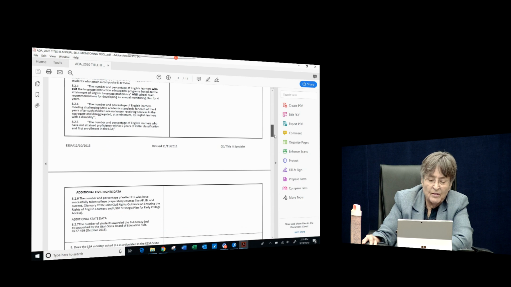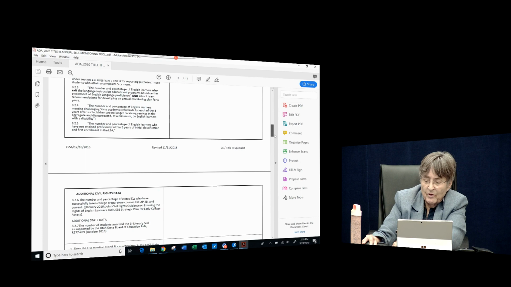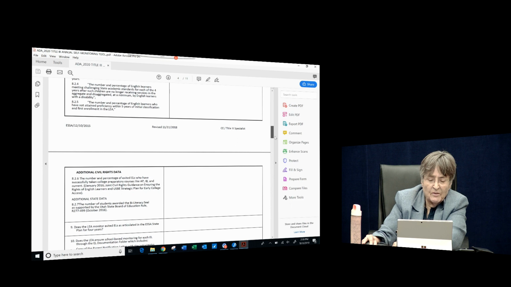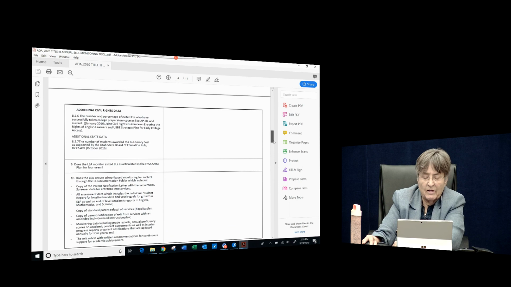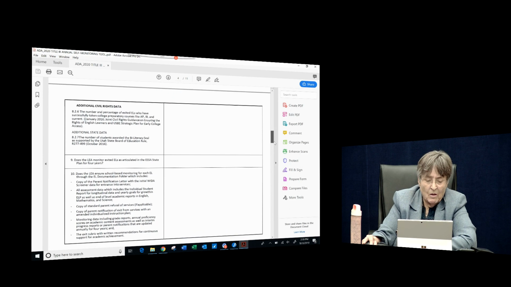The number and percentage of English learners meeting challenging academic standards. The number and percentage, and this is the sticker, of English learners who have not attained proficiency within 5 years. This is about a third of all of our students in Utah, which in itself is a challenge and an opportunity.